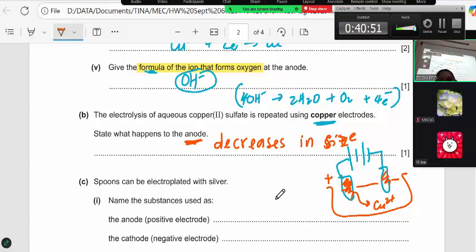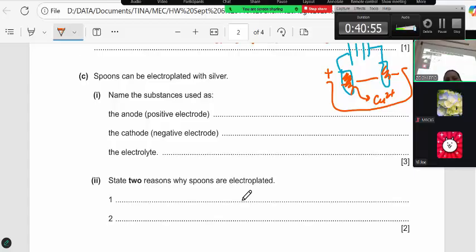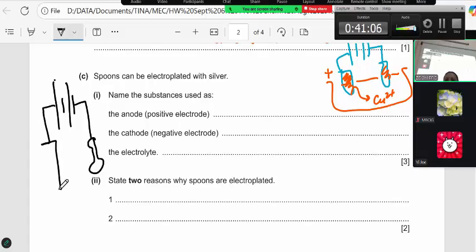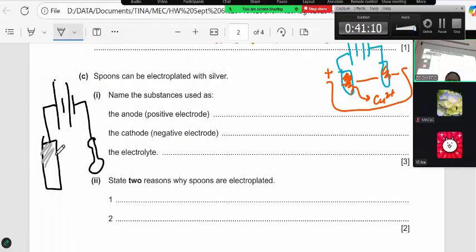Spoons can be electroplated with silver. Name the substances used. Do you remember what electroplating is? Meaning here I put a spoon and I want it to have a layer of silver. So my silver must be at the anode. The anode is silver, the cathode is the spoon, and the electrolyte is silver nitrate solution.